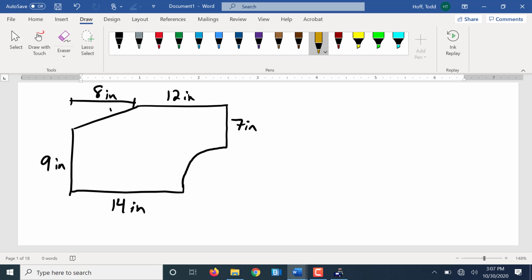This is one where it's probably easiest to fill in the missing corners. Find the area of the big rectangle first, and then subtract out those missing pieces. But we need to know what the dimensions are. It is 20. This up here, 8 plus 12 is 20 inches.